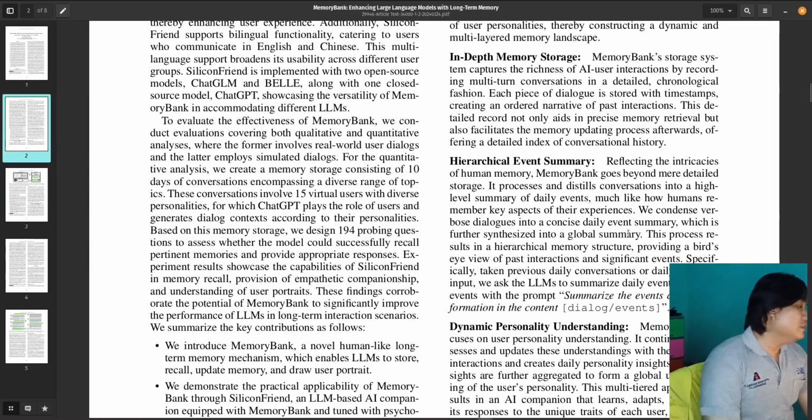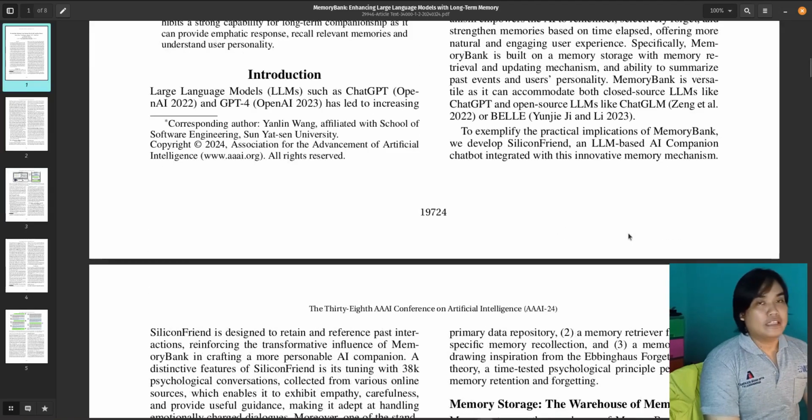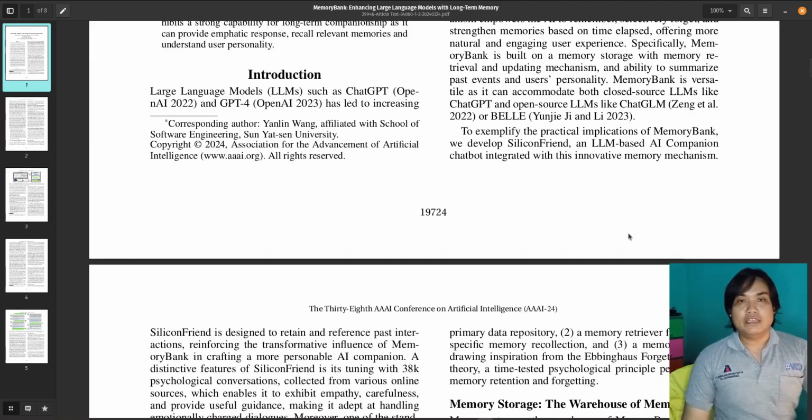That's why the memory bank can save the personality, the events, and the history of the chat.